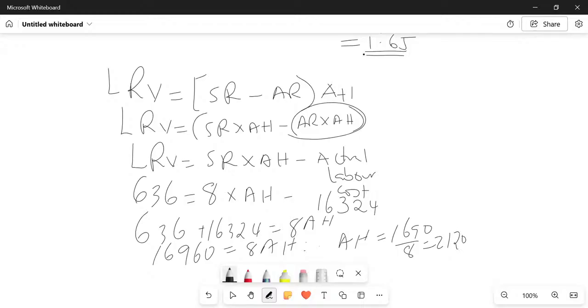So once I get this AH, are you able to answer the question now asked by the examiner? The question asked by the examiner is all about actual rate. How will you get it? You take 16,324 divided by? And how comes when I gave you this question as homework, you're not getting it right? Oh, you also got this.